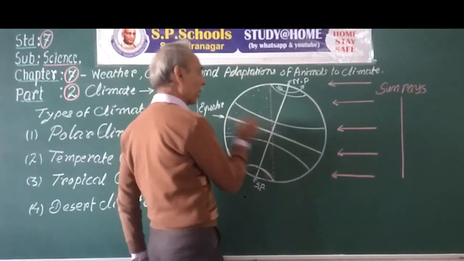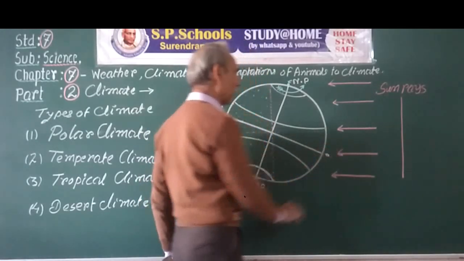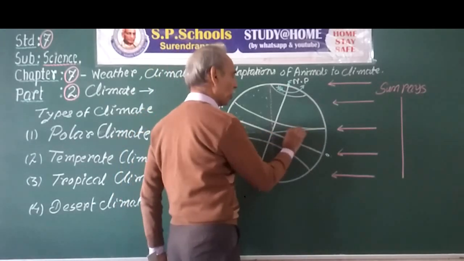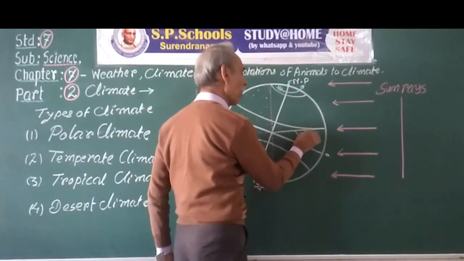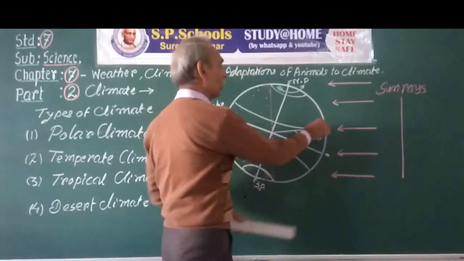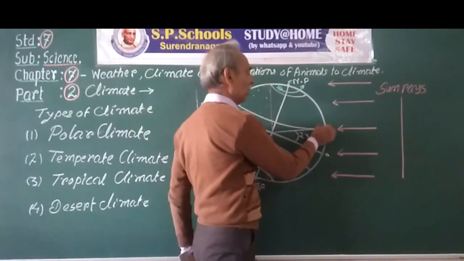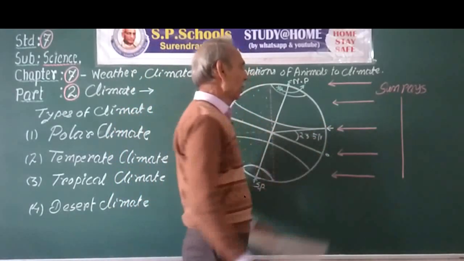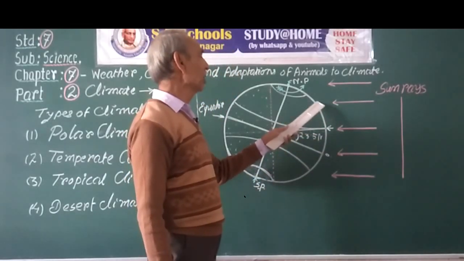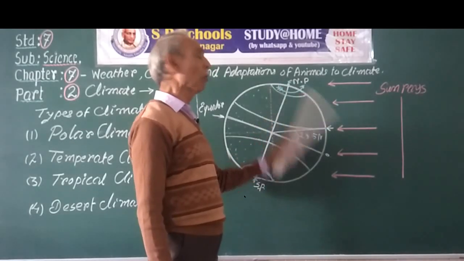With respect to the middle region of 0 degrees, at about 23.5 degrees north on the surface of the earth, the last perpendicular ray of the sun is incident, and from there onwards, for the whole year, the sun doesn't become overhead.